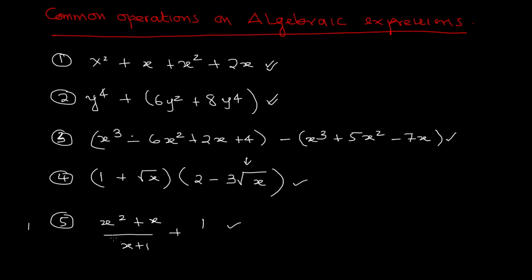For example, this last one here, you might get a question that says maybe find the limit of this equation as you are approaching -1. Now, if you put -1 here, you'll see that you get a 0. And you can't divide by 0, isn't it? So that becomes undefined.